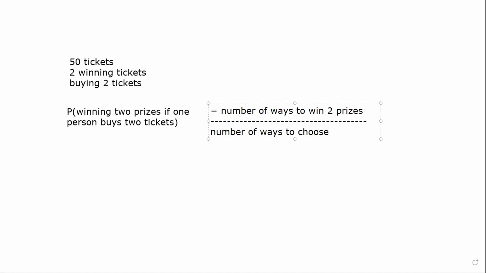I know we've worked on this and the videos also show this. So we have to think about, if I'm looking at the numerator, how many ways are there to win 2 prizes? How many ways are there to do that?